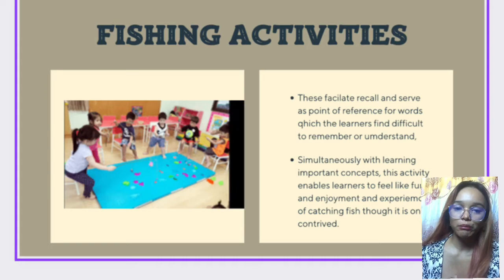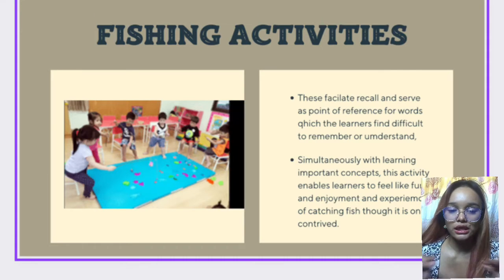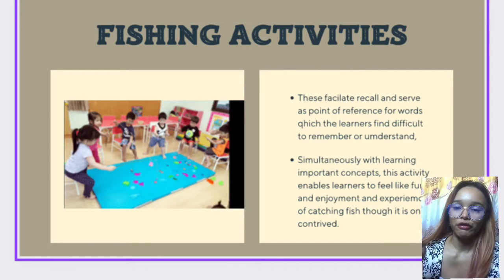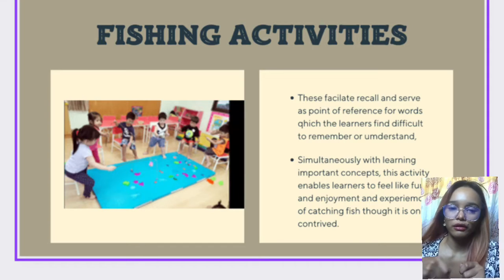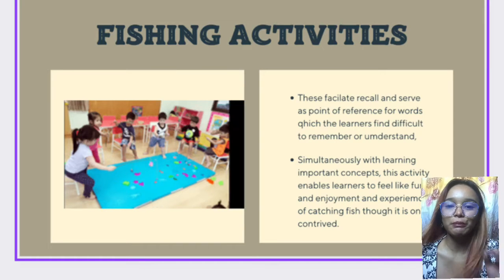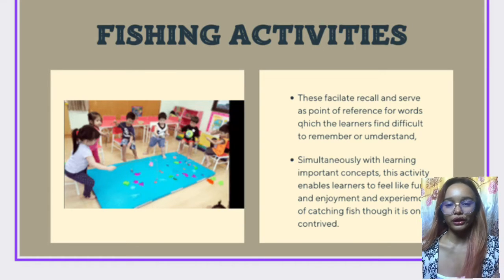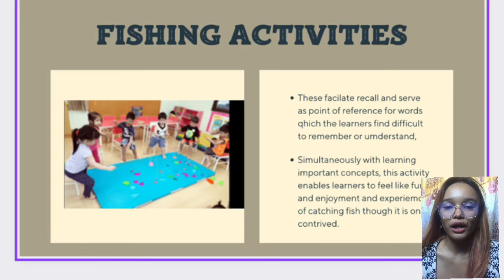The children use their DIY, do-it-yourself fishing rods to fetch the fish, and when they catch a fish with a word, the teacher asks, what word is this? You guide them on what words they get from their fishing activities.